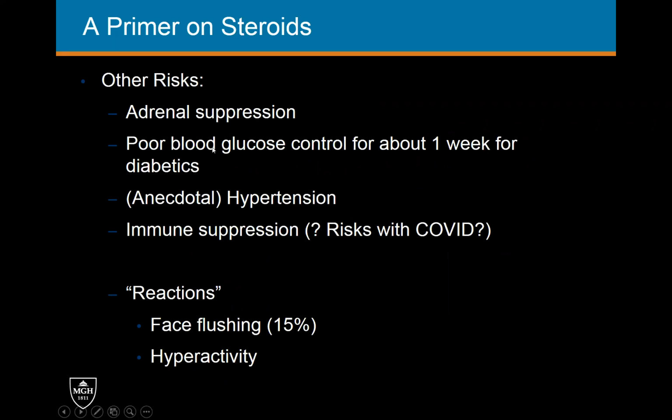Patients with diabetes definitely have poor glucose control for about a week, so we always tell them to double check their blood sugars, and if they have any symptoms, to seek their primary care or endocrinologist. And anecdotally, by the same mechanisms, it does cause some temporary hypertension, and maybe immune suppression through the adrenal suppression as well.